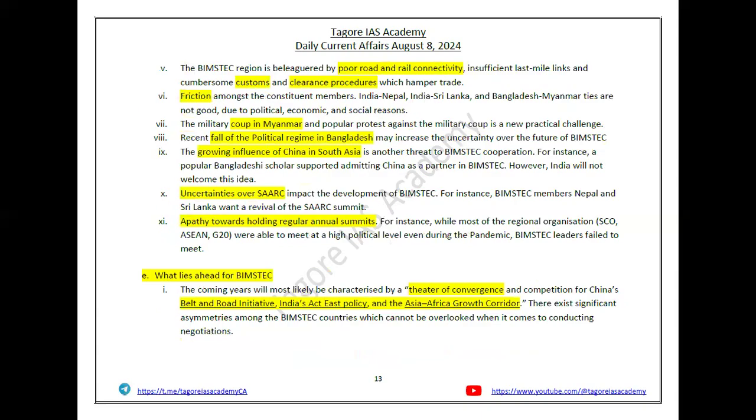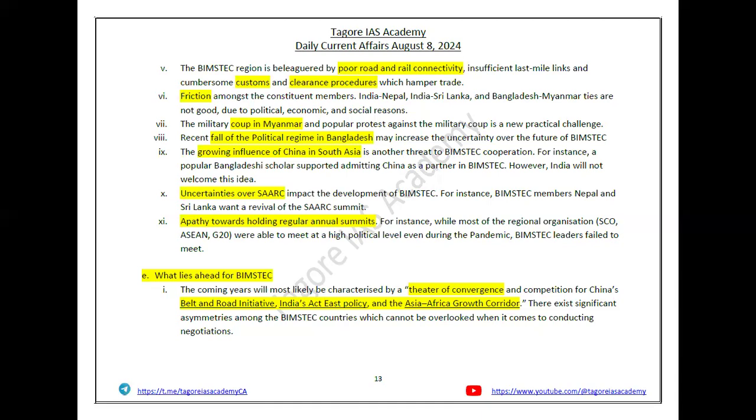Okay. Then, again as a comparison to Europe, you can see how a single train can move from east to west and cover entire Europe. But here we have that capability, yet it is marred by internal conflicts between the countries. Customs and clearances, again, are a hindrance in connectivity.